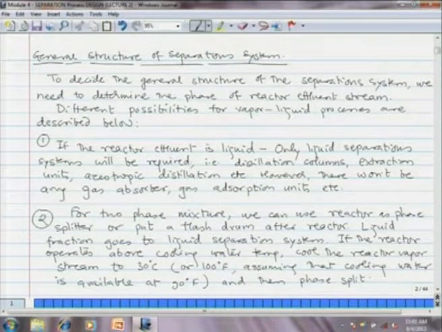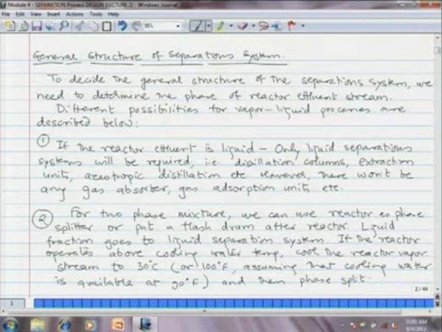To decide the general structure of the separation system, we need to determine the phase of the reactor effluent stream. The process could be completely vapor phase, or it could be a gas liquid process or a liquid liquid heterogeneous process. So, depending on the reaction that is occurring, the temperature and pressure, the phase of the reactor effluent is decided.